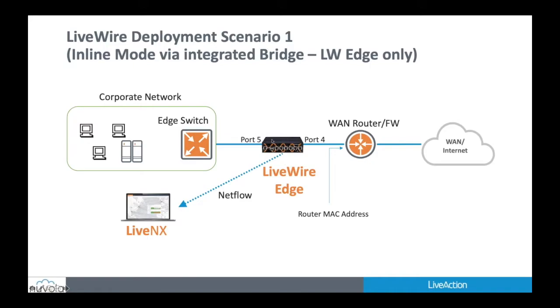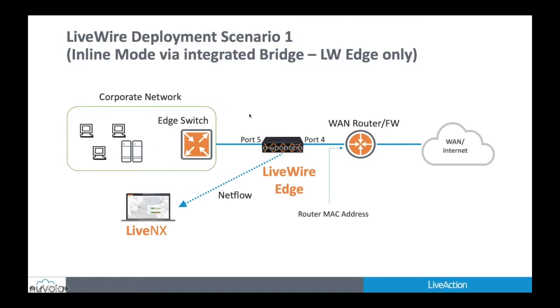There's no IP address provisioned on these ports. And secondly, this operates in a fail-safe mode as well. So if, for example, someone pulls the plug on the LiveWire Edge, ports 4 and 5 would automatically connect and heal, ensuring that you still have that connectivity from your corporate network into the WAN router.